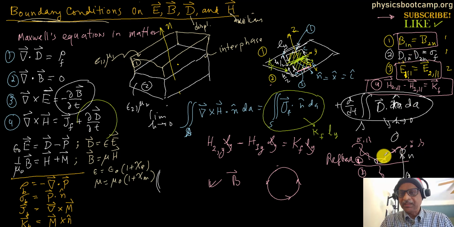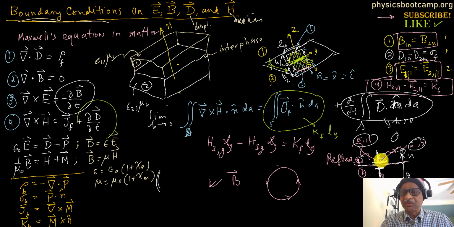So you'll have a net electric field here based on this plus this. There are 2 waves here, so the electric field will be a combination of these 2 waves. The parallel component of the electric field is the same. Then you look at the D, and if there are no charges here, then the D normal will be continuous.